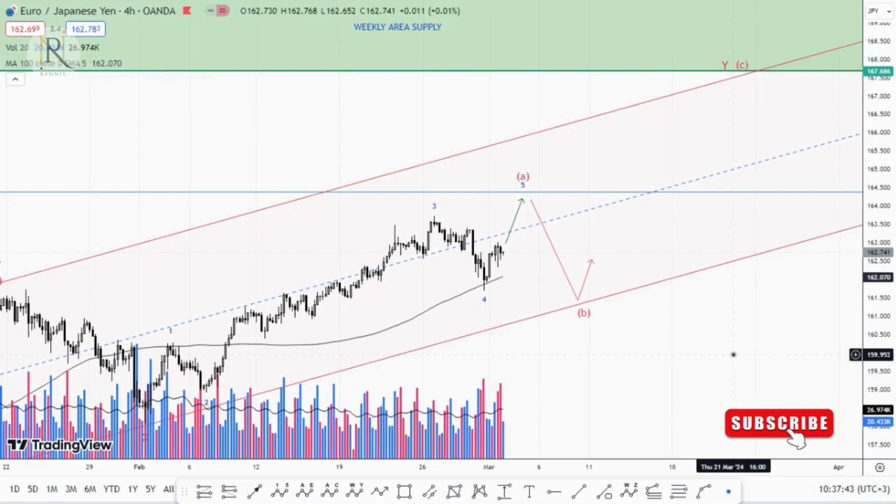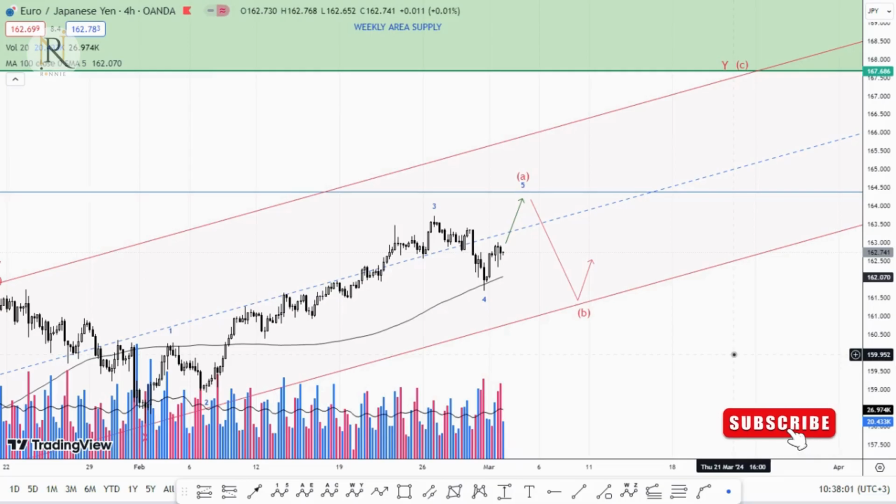So again, the same reasoning. Remember the correlations of Euro JPY and GBP JPY. When we are looking at a long position on Euro JPY, then at least we should be expecting a long position on GBP JPY.